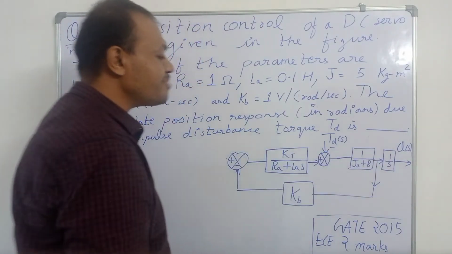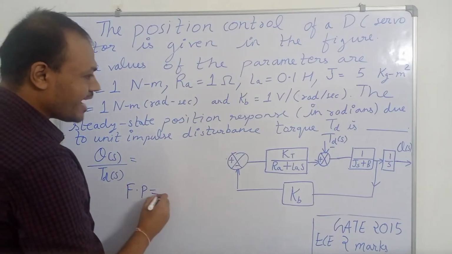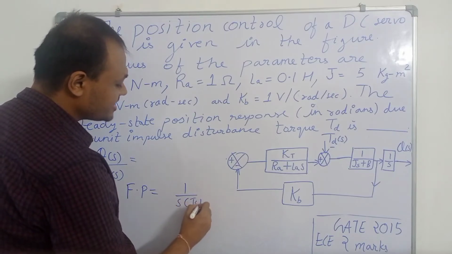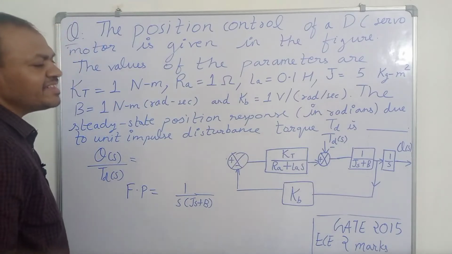There is one forward path from Td to theta. The gain of the forward path is 1 upon Js plus B. This is the forward path, and this full thing is the loop.